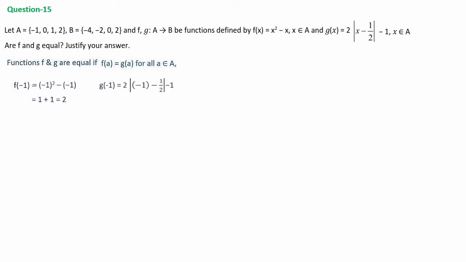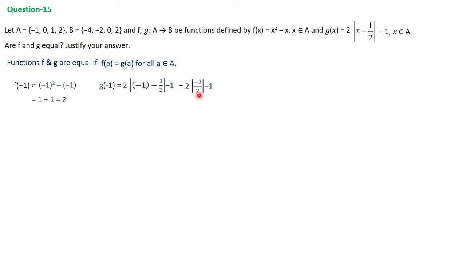Next we have to put the same thing, g of -1. When you put g of -1, the g of x function is given to us as 2 into mod (x minus 1 by 2) minus 1. So just remove x and put -1. So 2 into modulus of (-1 minus 1 by 2) minus 1. Just a normal calculation only. When you do the calculation inside the modulus, 2 into -1 is -2, -2 minus 1 is -3, divided by 2.